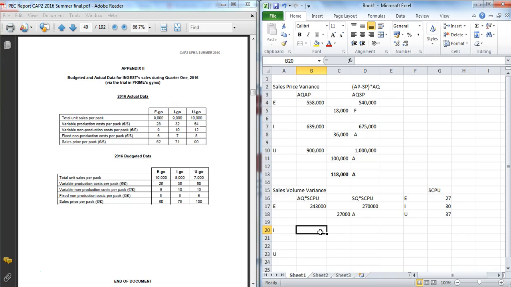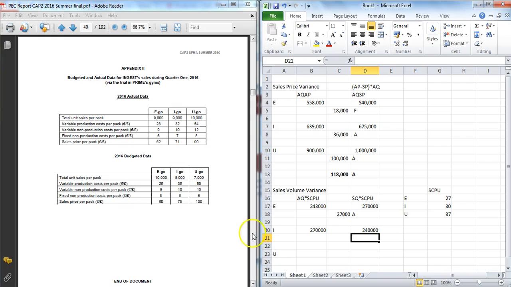Next one, same approach again. Once you know one, it should be fairly routine after that. Actual quantity for IGO is 9,000 units, times 30, being the standard contribution per unit, minus the standard quantity, which is 8,000 units times 30.